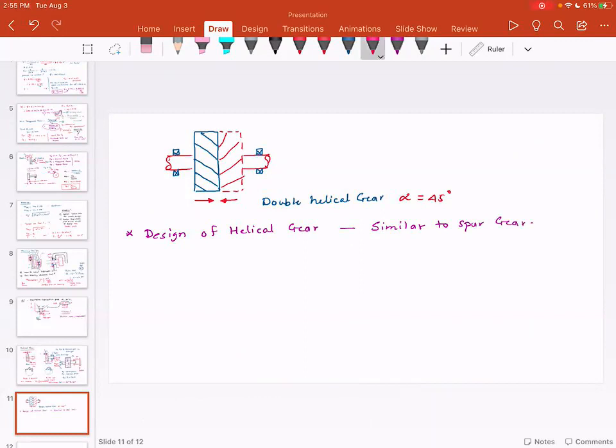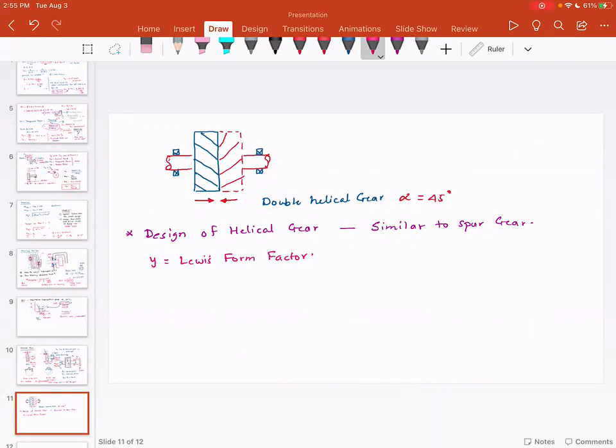What that means is we need to find out the Lewis's form factor Y. For helical gear, we have to find out Lewis's form factor.